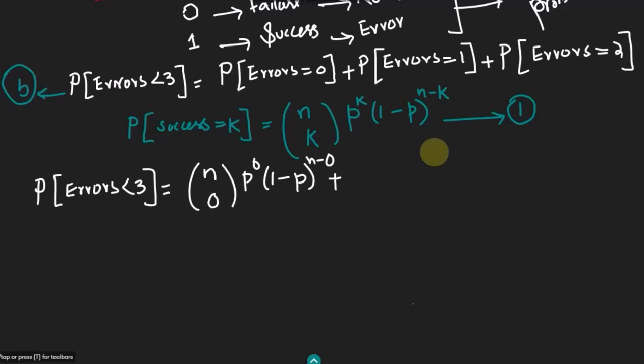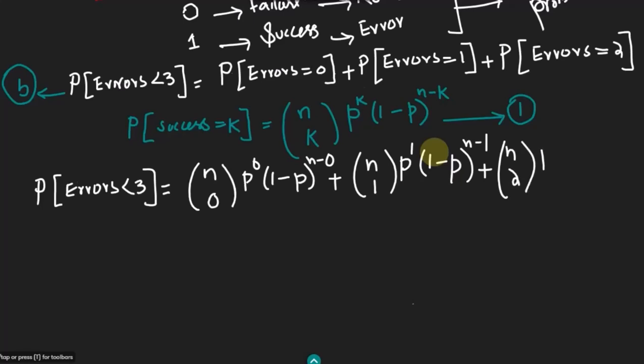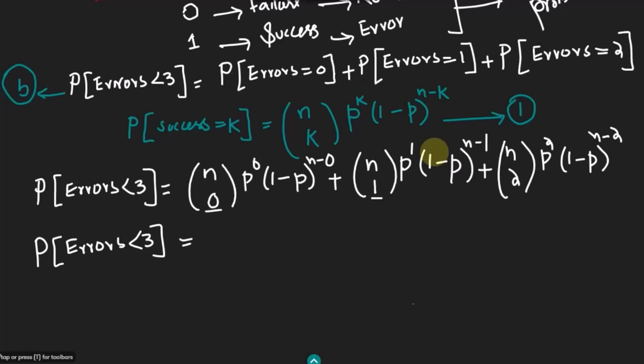Similarly for the probability of errors equal to 1, this will be n choose 1, p^1 and 1 minus p to the power n minus 1, and similarly for the two successes, n choose 2, p squared and 1 minus p to the power n minus 2. So simply, the probability of errors less than 3, starting from 0, 1 to 2, we have to add them.